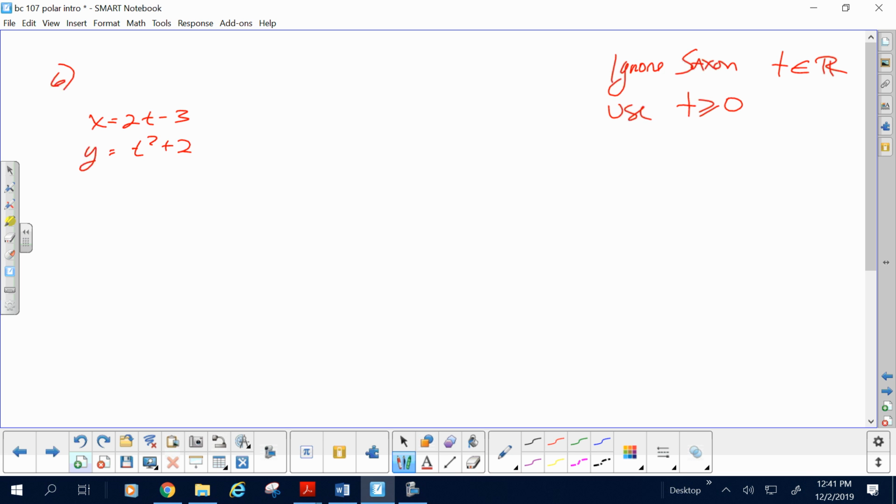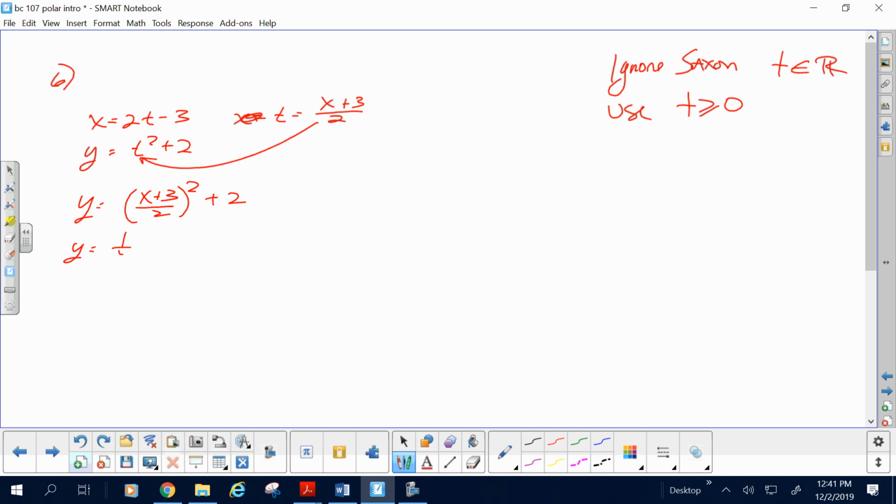If we graph from that, remember, eliminating the parameter is done differently when you have algebra versus trig. When it's algebra, you do it by substitution. So t is x plus 3 divided by 2. If you plug that in, then y is x plus 3 divided by 2, all squared, plus 2.